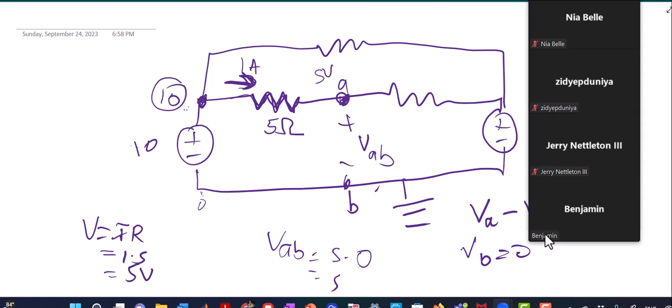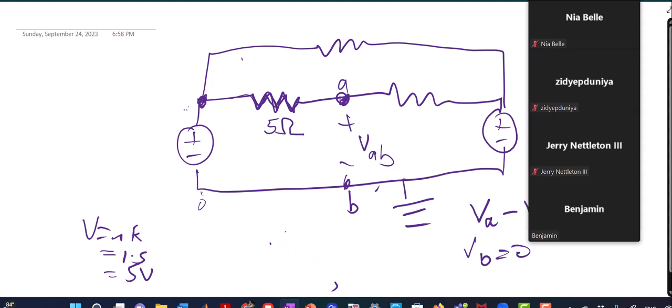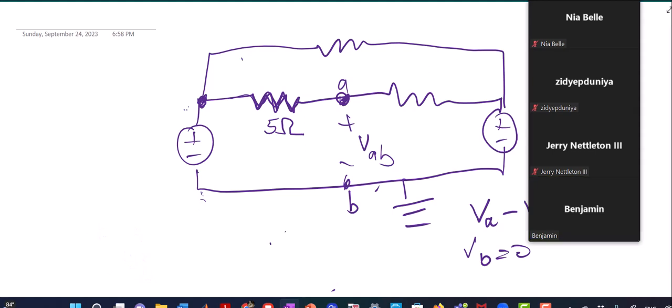Okay, so I have a similar circuit to the one from your homework. It's not the same, but it's very similar. So let me tell you how I'm gonna do this. You'll set B as ground, so you have 0.